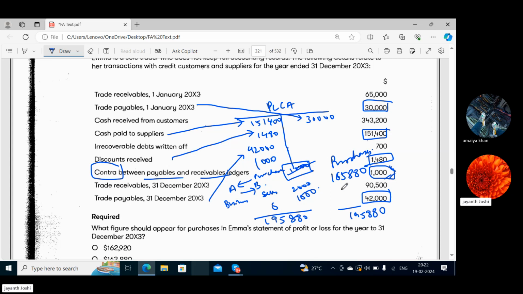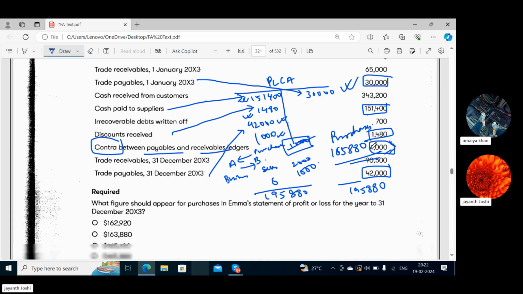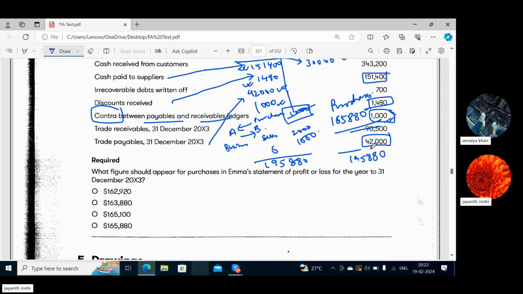So this is how we'll find it out. Opening balance of payable, closing balance of payable, cash paid to supplier, discount received from them. If any contra entry is there, that is to be adjusted. We get the value of purchases. Clear? Yes. It is also given, so we'll put D as the correct answer.